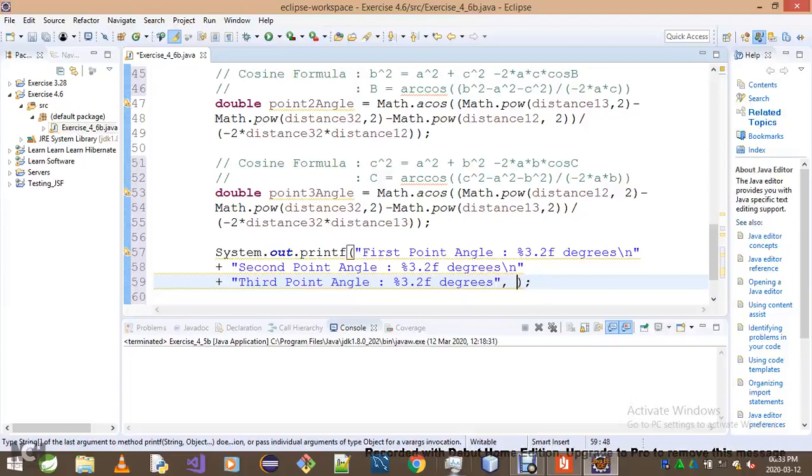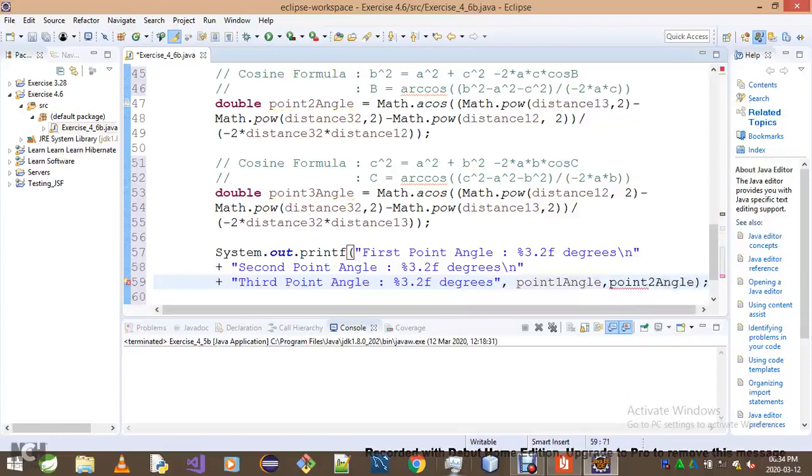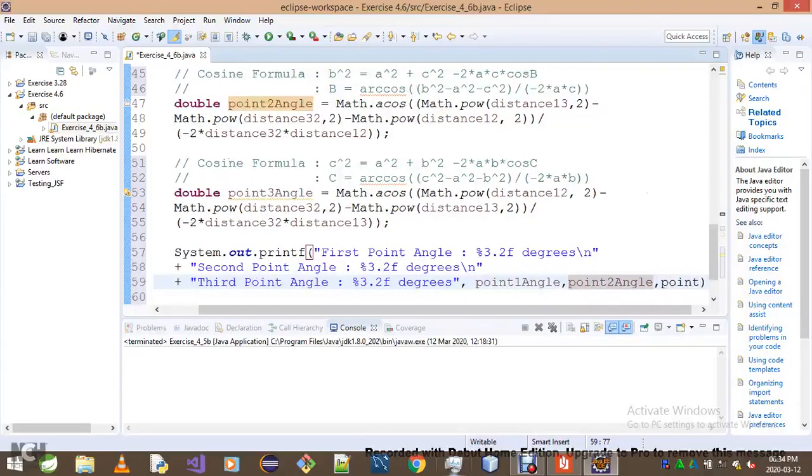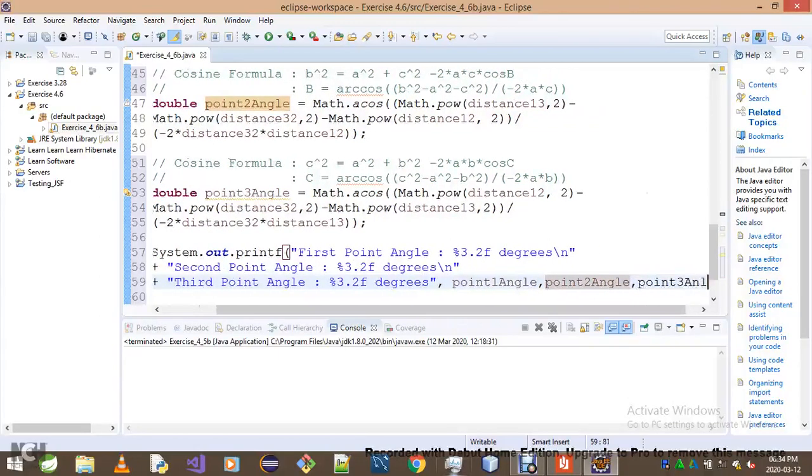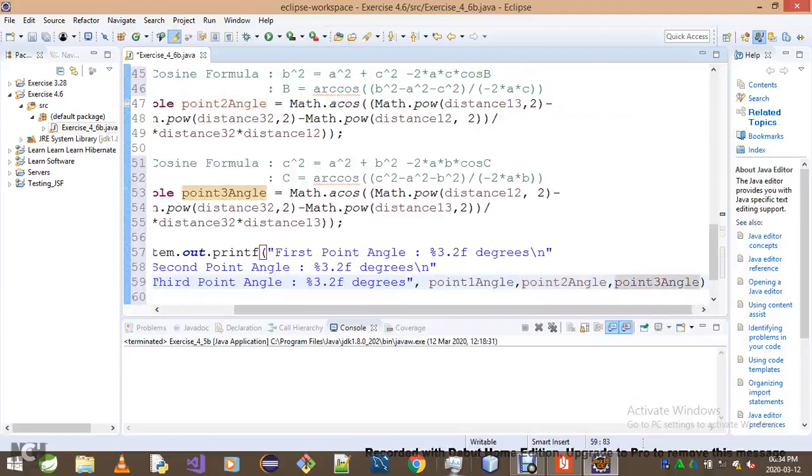So what we now do, we just go math. We don't want to display point 1 angle. Why? Point 1 angle is actually in radians. Point 2 angle, we don't want to do this. Point 3 angle, this is absolutely what we don't want.